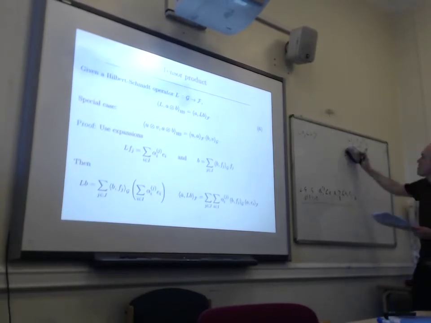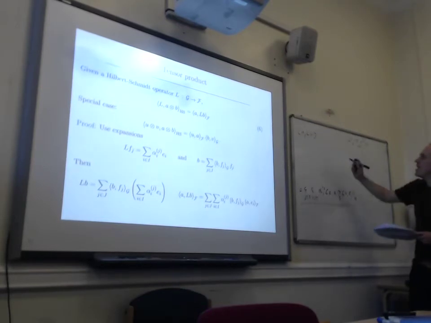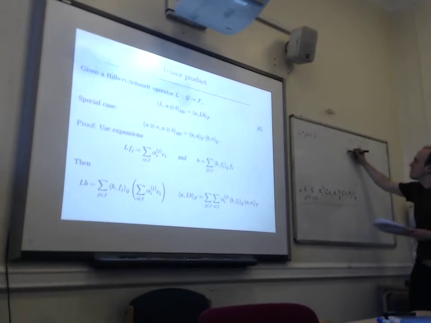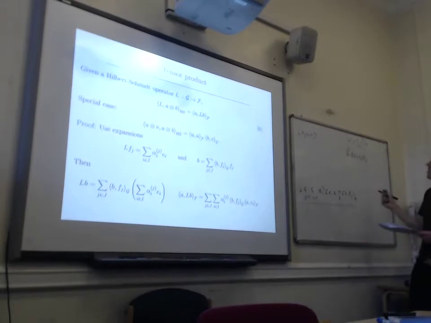okay, let's start this way. If I have a vector B in my F space, I can write B as the sum over J in J of the inner product of B and Fj, times Fj. So what have I done here?